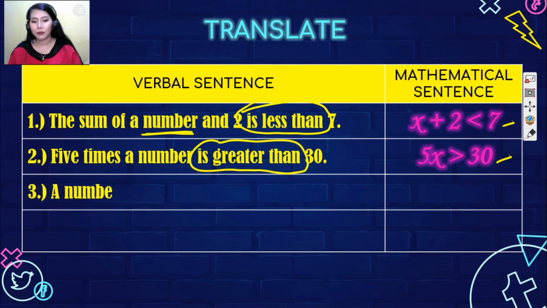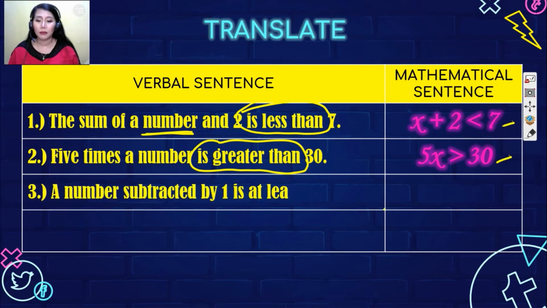Number 3, a number subtracted by 1 is at least 3. Now you will see here is "at least," and this at least here sa Tagalog, ibig sabihin daw, pinakamababa na ang 3. Kumbaga, ano daw yung number na yon? Na kapag binawasan ng 1, ang sagot ay pinakamababa na ang 3. So, kung pinakamababa na ang 3, pwede ang 3. Pwedeng mas mataas pa sa 3.